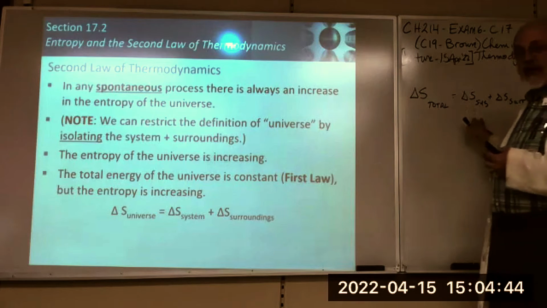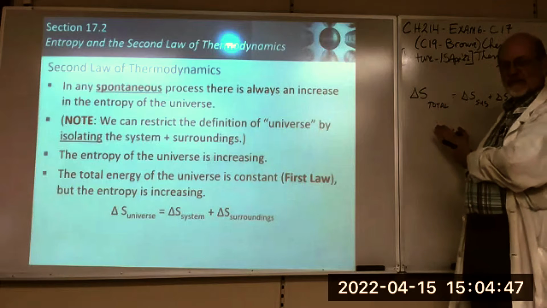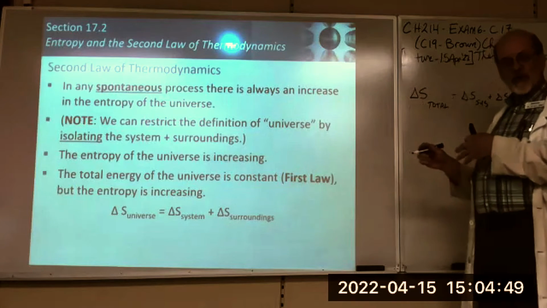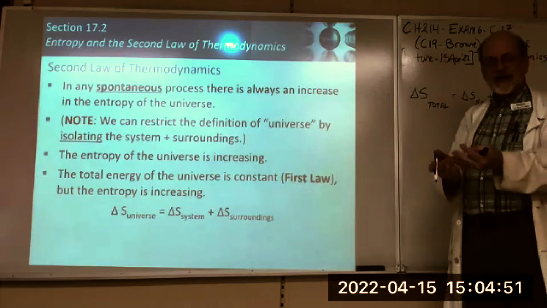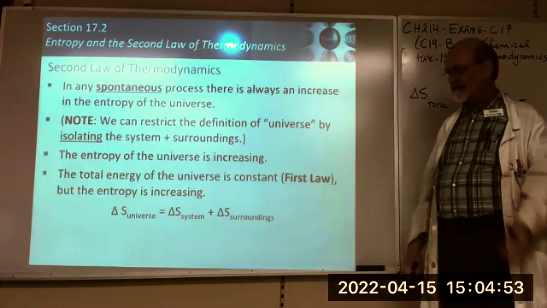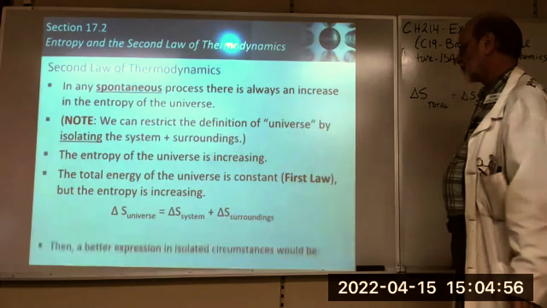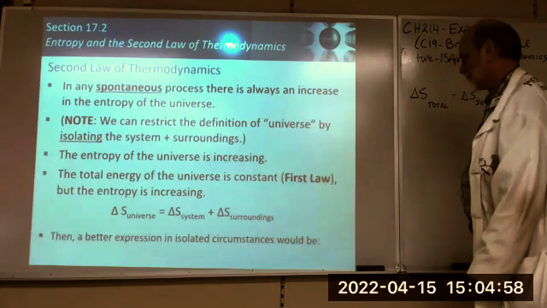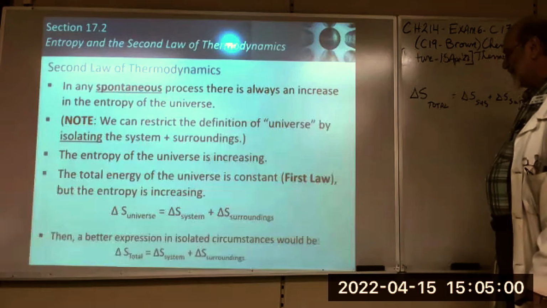Okay, that's the way I like to look at it because it's more practical. This value is total, based upon what you define as your operating universe. And there it is.